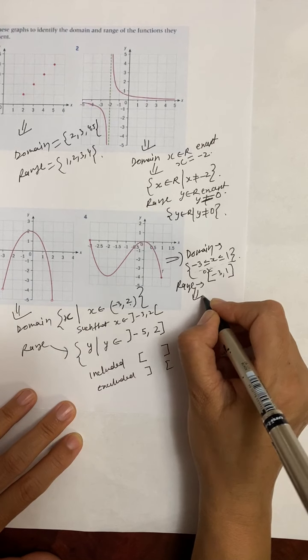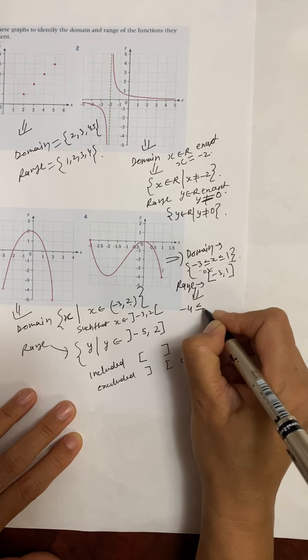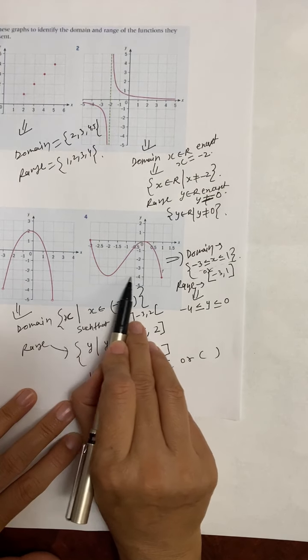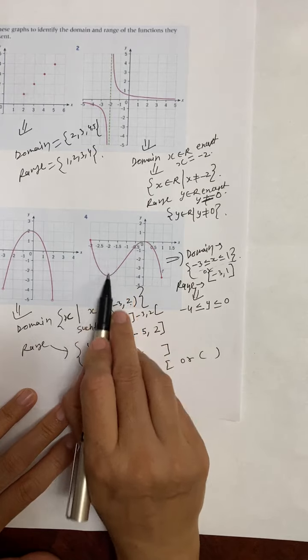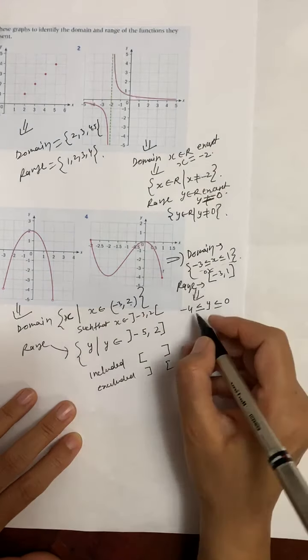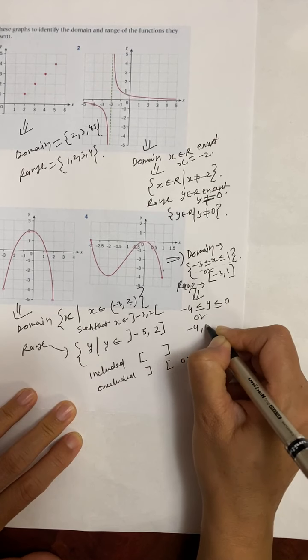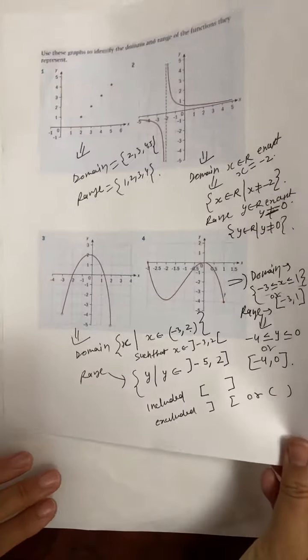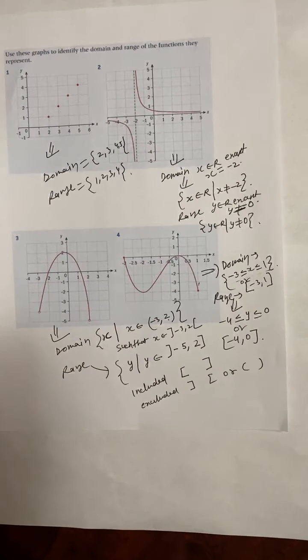The range in this case is -4 less than or equal to y less than or equal to 0. Here you can see this is -4 and this is 0. So the height of this graph is between -4 and 0, and both are included. Or you can express it as [-4, 0], closed bracket. Okay, that's it for this lesson.